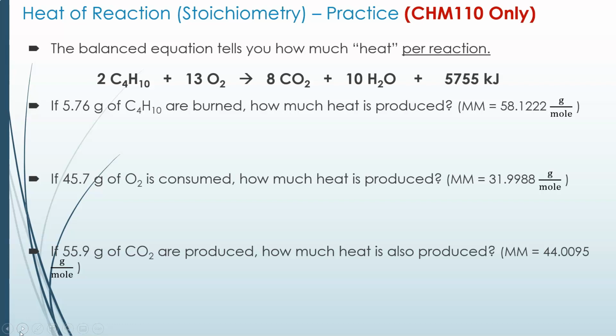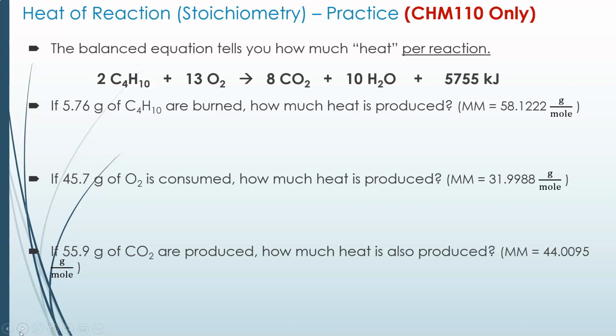It's 4 carbons and 10 hydrogens. Does that make sense? Well, each carbon is about 12. 4 of those is 48. Each hydrogen is 1. 10 of those is 10. 48 and 10 is 58. So the number makes sense. So we do not have a whole mole. In fact, we have a little less than 1/10 of a mole, 5.76 grams instead of 58.1222 grams.